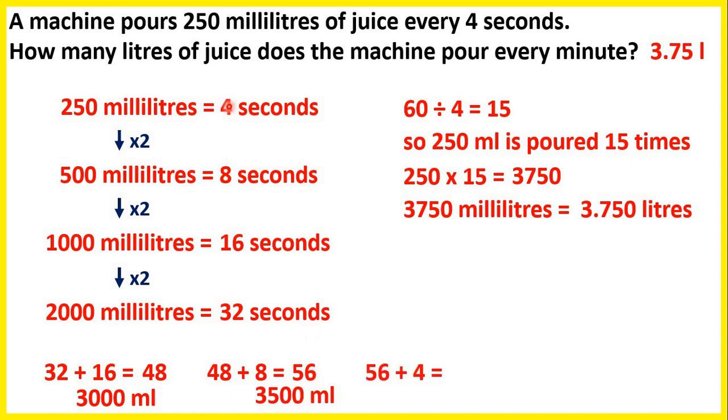So then we just need to add another 4 seconds, so add another 250 millilitres, and that gives us 3,750 millilitres, which we can then change to 3.750 or 3.75 litres.